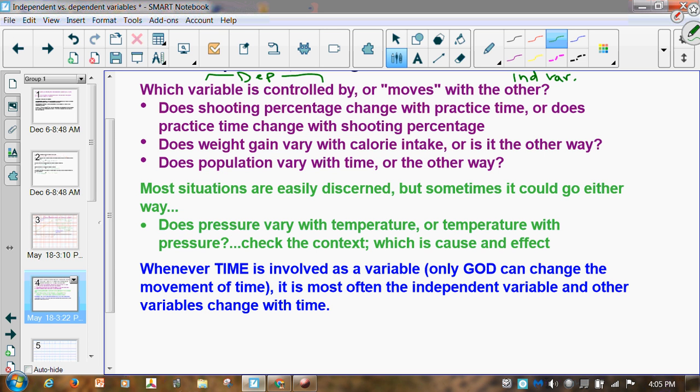In other words, you may be looking at some experimental data, and they're showing a graph of pressure change and time, and you're saying, okay, which one's which? Well, we know this to be an important physical relationship, and so it could be either, depending on which one was being controlled and which one was being measured as a result. You would have to look at the context of the problem.